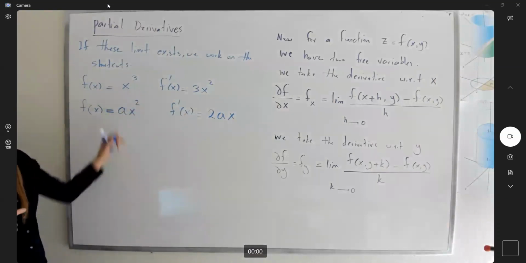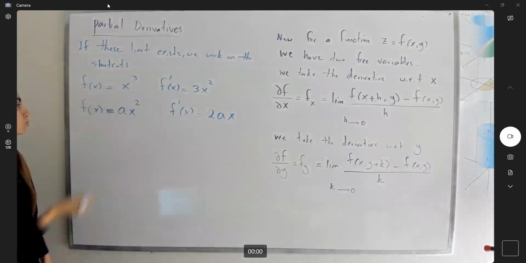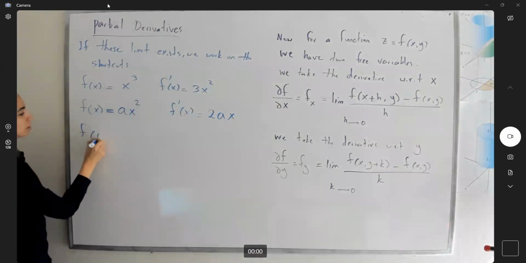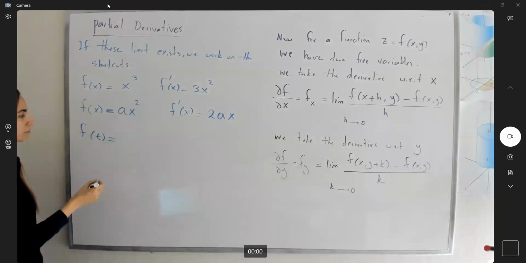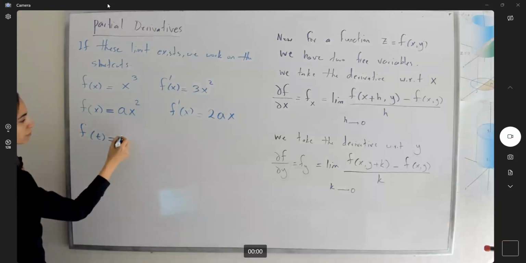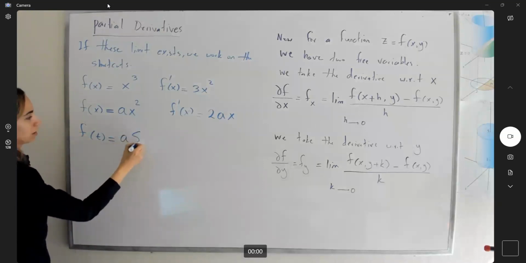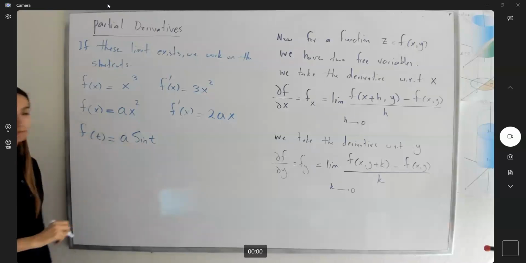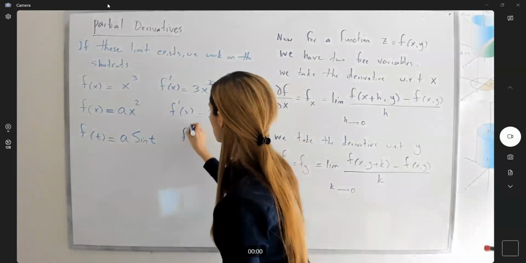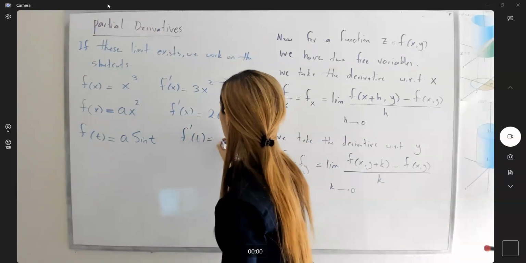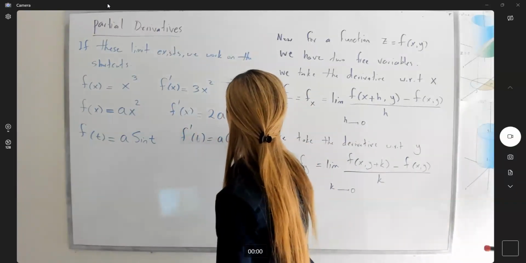Just copy it down: a x squared. For example, if you have f of t equals, let me give you something nice, a sine t, and if I ask you to find the derivative of this function with respect to t, f prime of t becomes a cosine t.